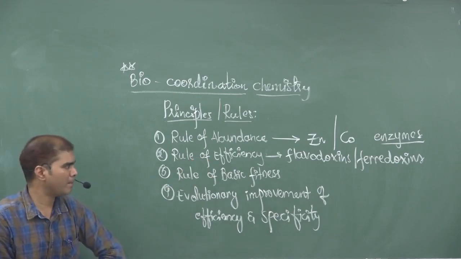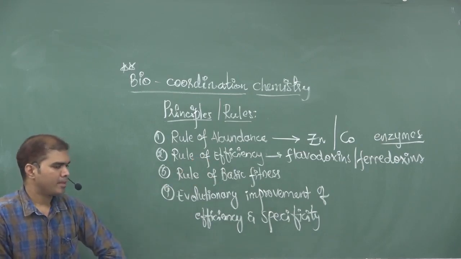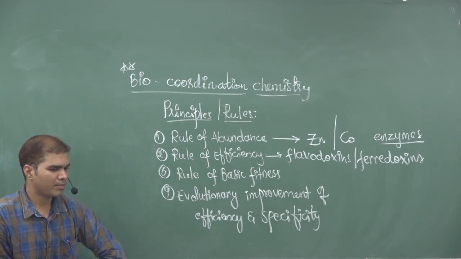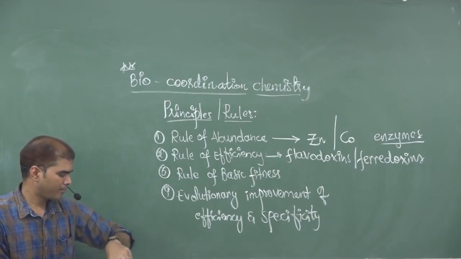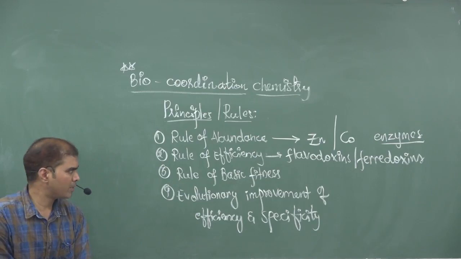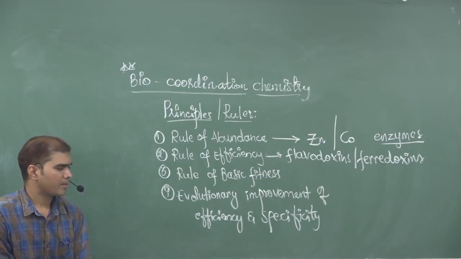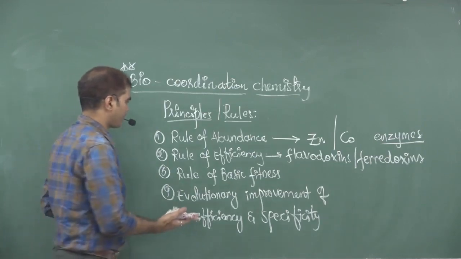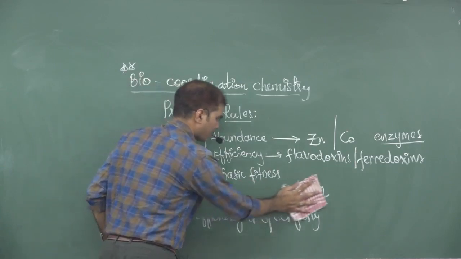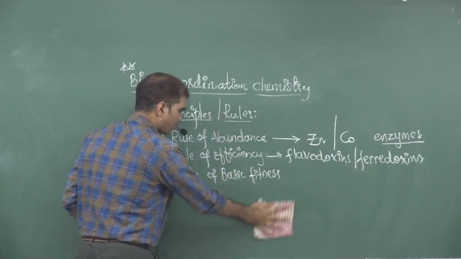Rule of efficiency: flavodoxines and pyridoxines are electron transport agents. Pyridoxines are more efficient.